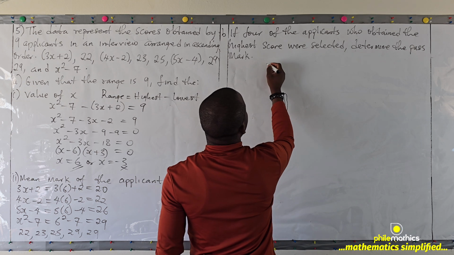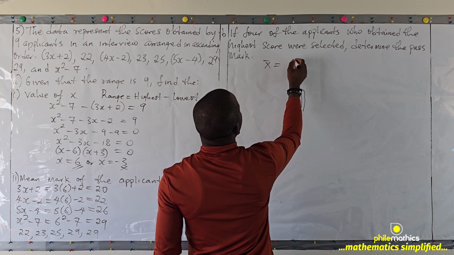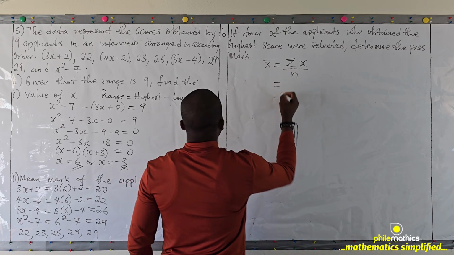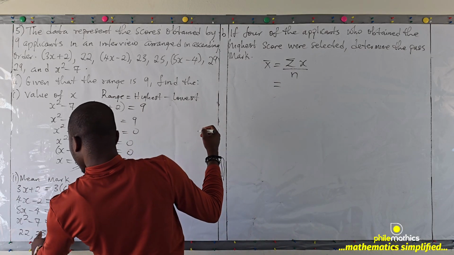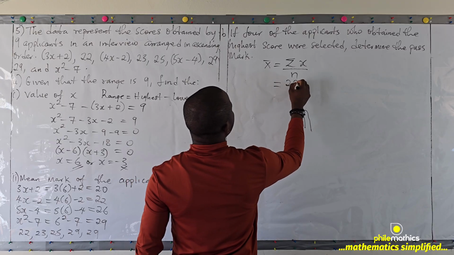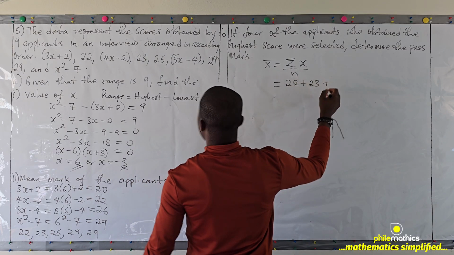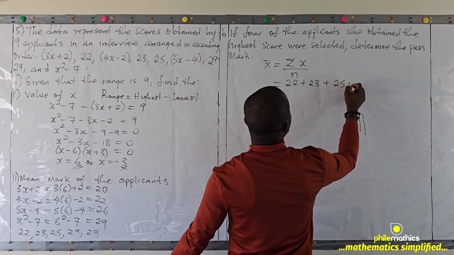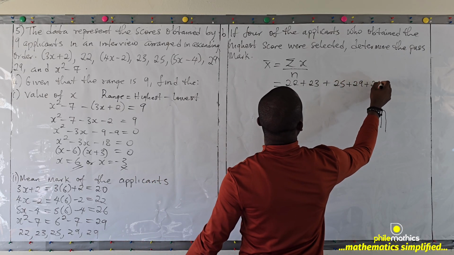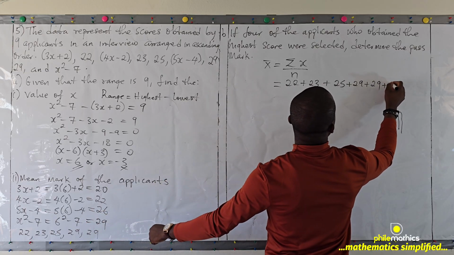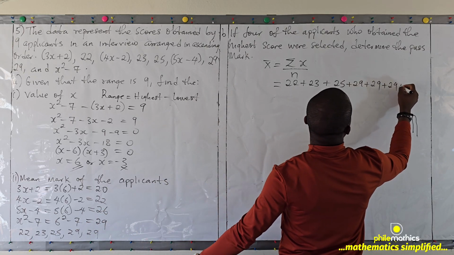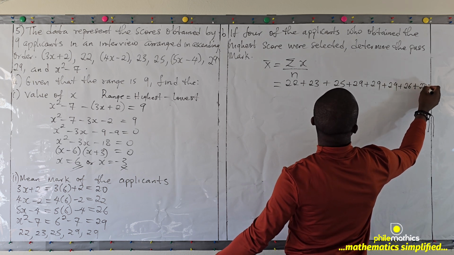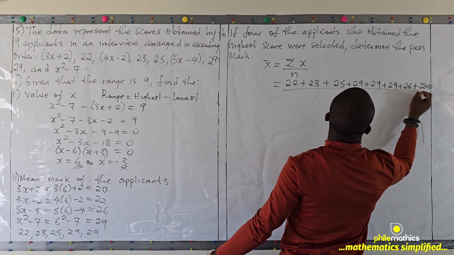The mean is simply the sum of the x over how many they are. This will give us 22 plus 23 plus 25 plus 29 plus 29 plus 29 plus 26 plus 22 plus 20, everything over 9.